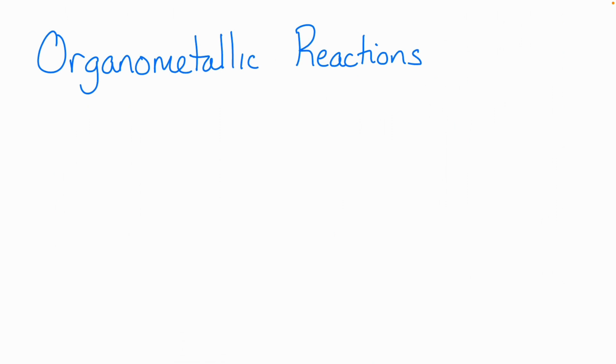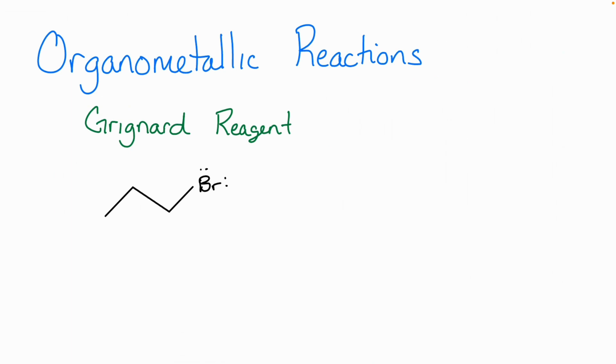So there are two very popular organometallic reagents that we can use. The first one is what's called a Grignard. All right, a Grignard reagent here. If we take an alkyl halide and we combine it with magnesium metal, something kind of bizarre happens.